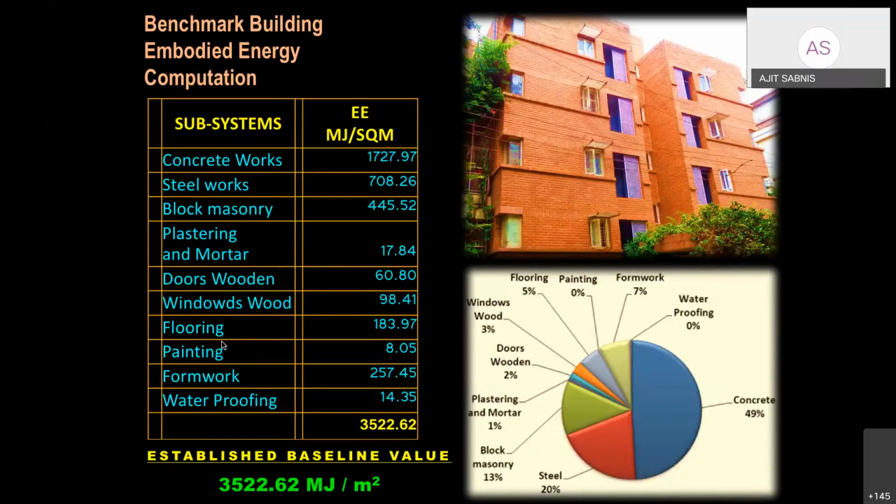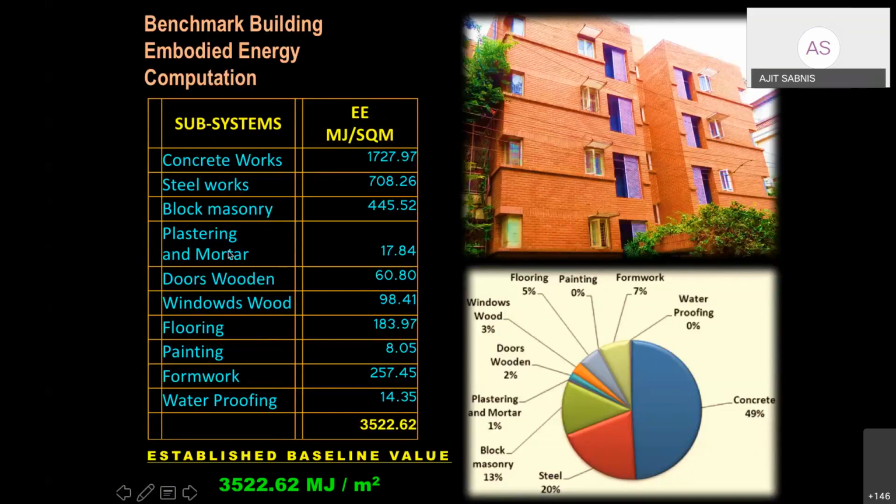We have seen how to calculate embodied energy for a particular material, for a system, and for a composite. Based on that, the embodied energy of this benchmark building comes to 3,522.62 megajoules per square meter.